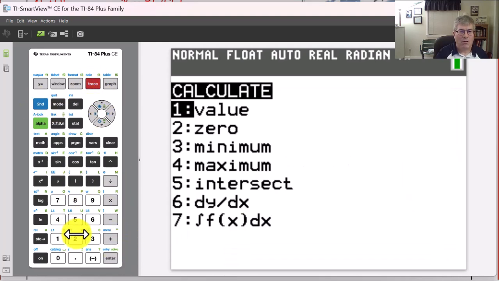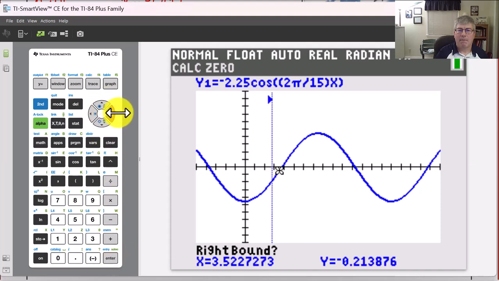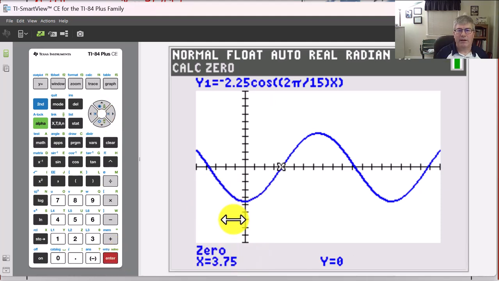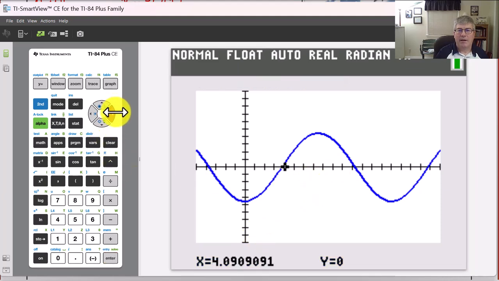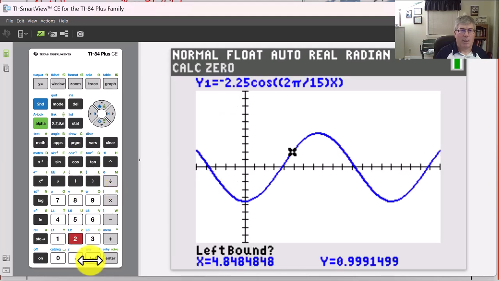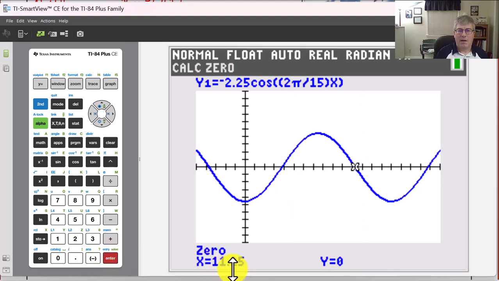So second calc, zero. I get my left bound, my right bound, and I get a 0 at 3 3/4, and I'm going to get another 0 at, again finding my zeros, do my left bound and my right bound, 11 1/4.